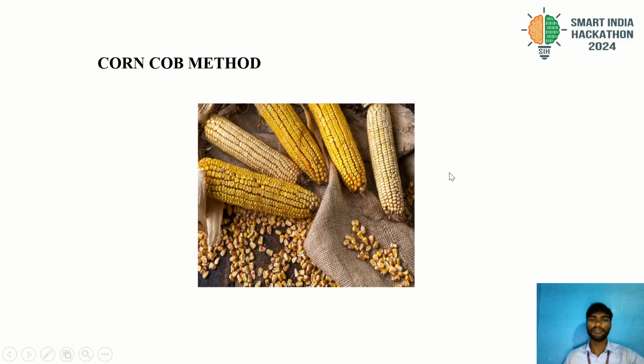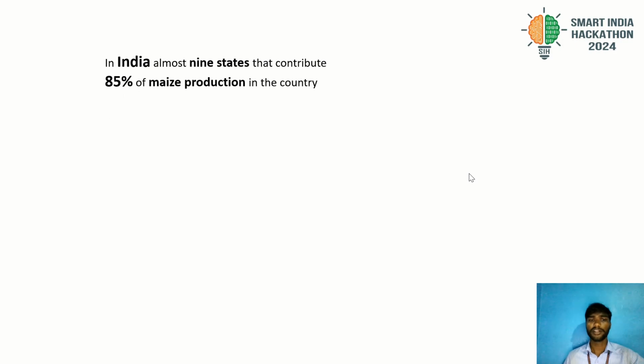Imagine a world where waste from crops like maize, or Zea mays as scientists call it, turns into a helpful tool for cleaner water. Maize is not just a staple food in many countries, including India. It is also a crop that generates tons of waste in the form of corn cobs.